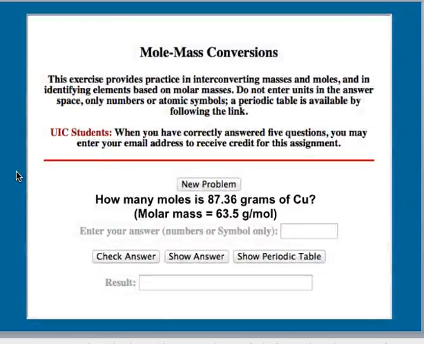Let's say I have 87.36 grams of copper. How many moles is that? We look at our periodic table. Copper, the molar mass is 63.5 grams, right?